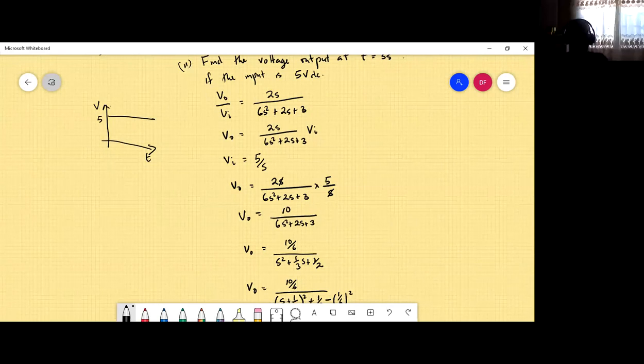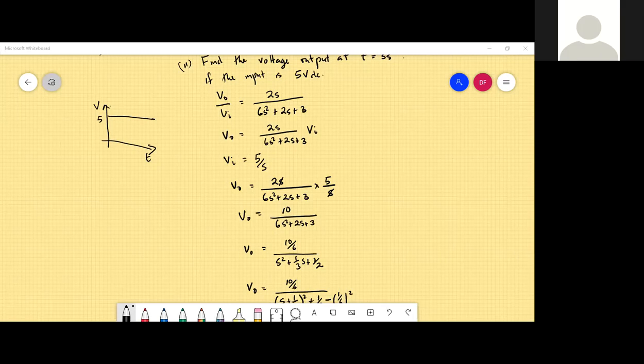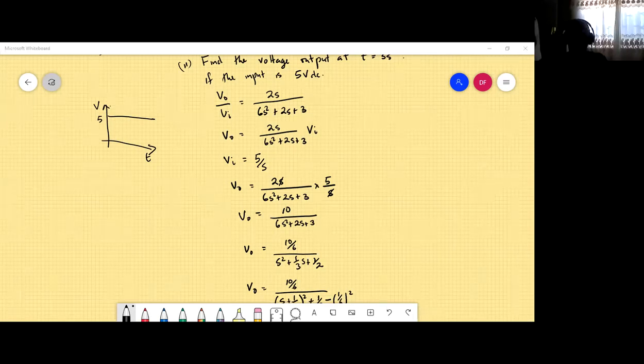So now let me find the Laplace transform table. Working from home, people. Sir, scroll down a little bit.